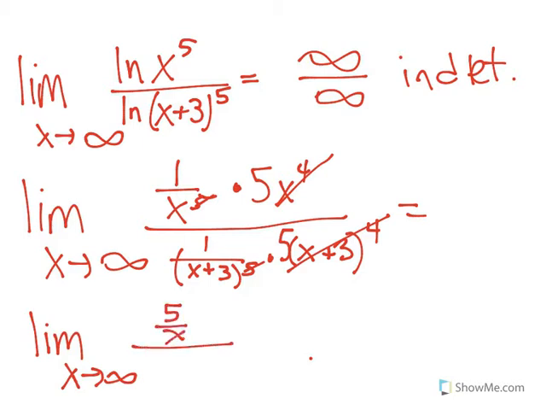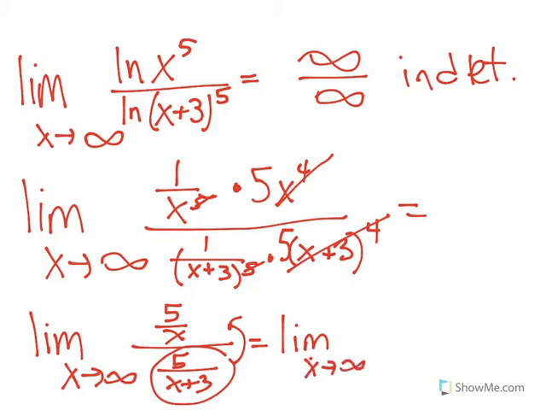And I'm left with 5 over x over 5 over x plus 3. Just to make my life easier, I'm going to bring the bottom fraction up by flipping it. 5 over x times x plus 3 over 5, which is equal to, I'm running out of room. I'll fit it in right here.